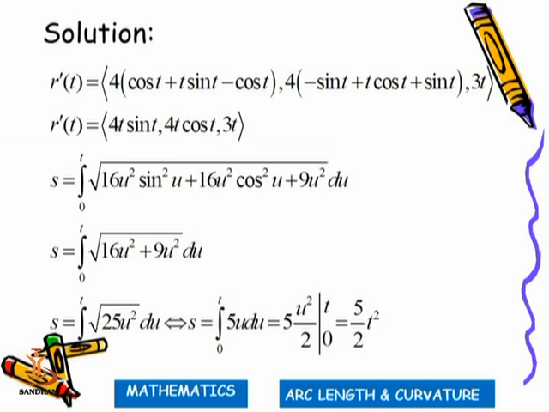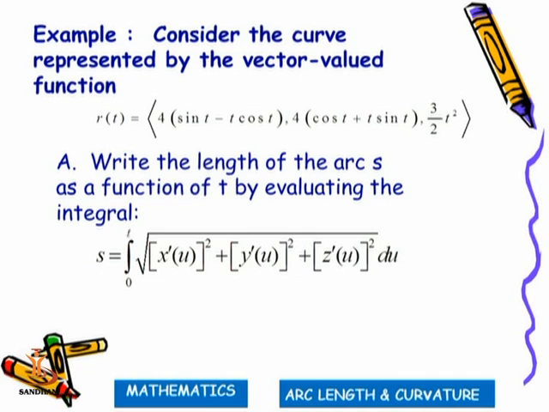The solution: start with r dash. So the derivative of r is, here, 4 in the bracket. The derivative of sin t is cos t, and the second term is minus t cos t.